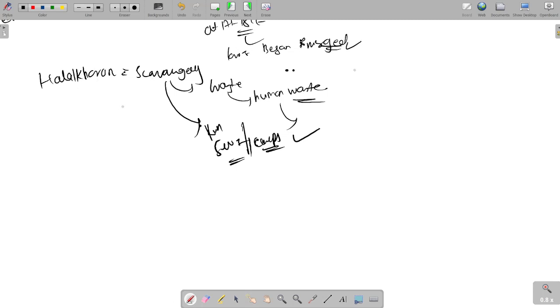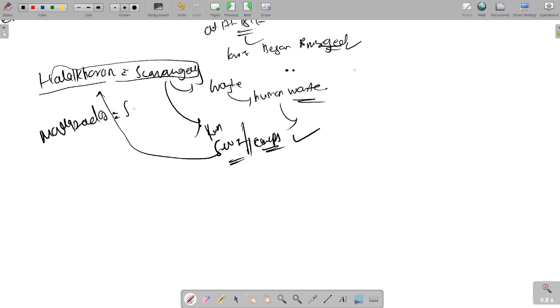Coming back to the topic, Halalkhoran was a term given to manual scavengers, and Mallahzadas were sons of boatmen or fishers. Both belong to low class Muslim castes.